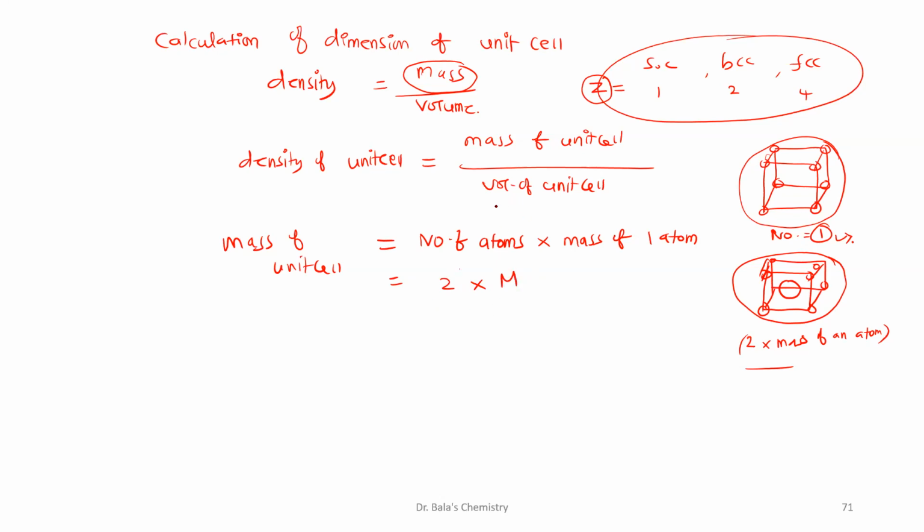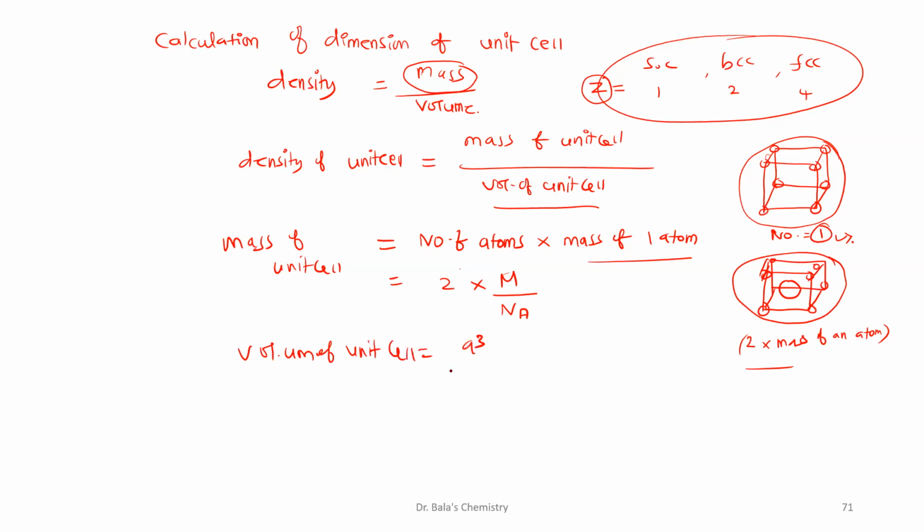Now, the volume of unit cell. If we want the mass of 1 atom, we calculate it as molar mass by Avogadro number. The volume of unit cell is a cube.